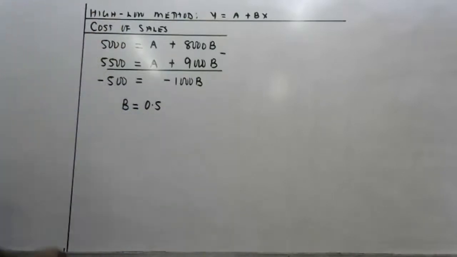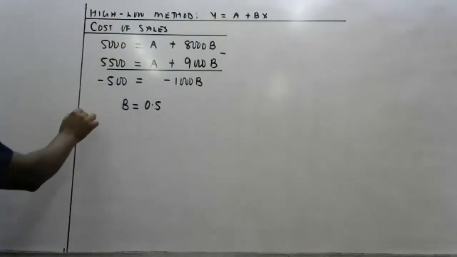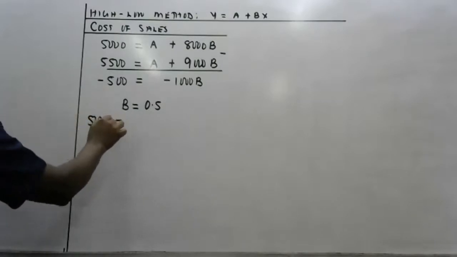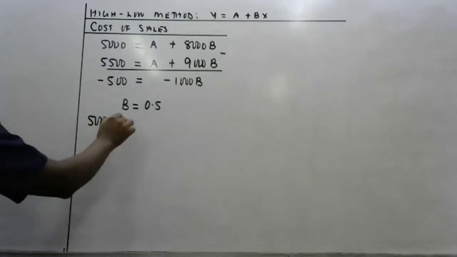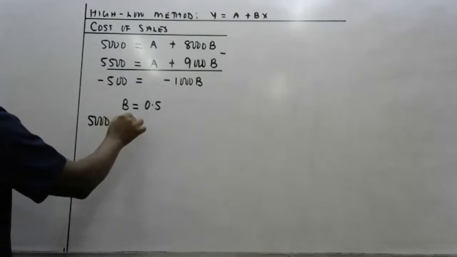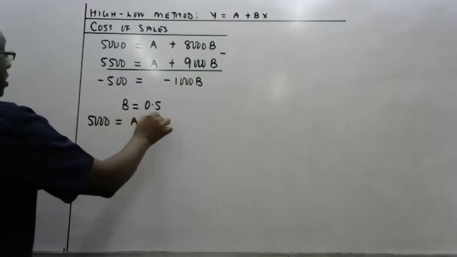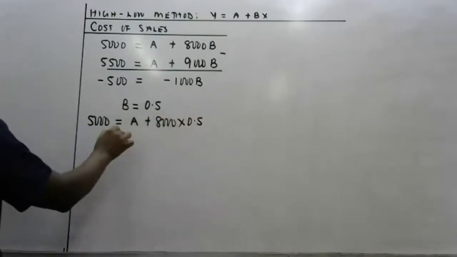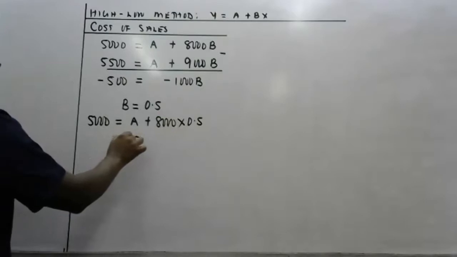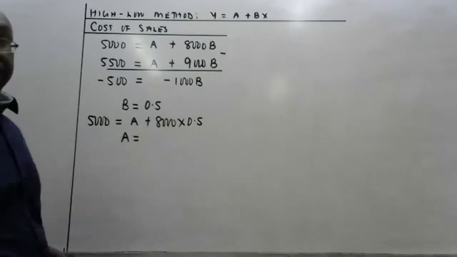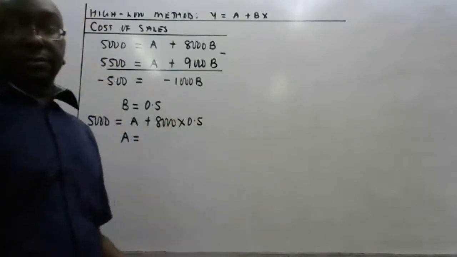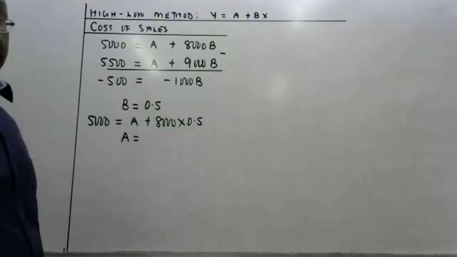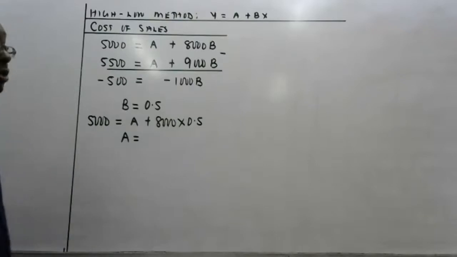Good. Then kuja hapa useme 5,000 is equal to A plus 8,000 times 0.5. So give me A from there. A is 1,000.